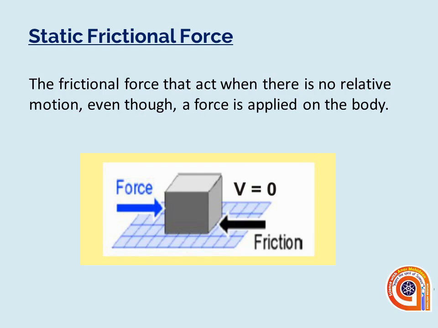At this time, the friction acting over the object is called static frictional force. Simply, if an object is at rest, though there is a force applied, the frictional force acting over that object at this moment is called static frictional force.